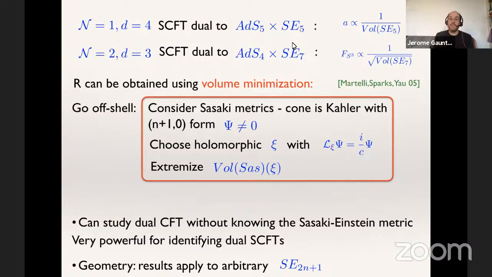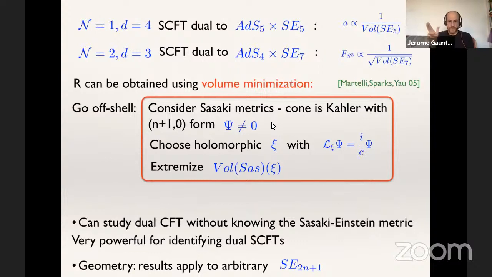Being Kähler, it still has an (n,0) form, psi. That means it's got n holomorphic legs, dz1 wedge dz2 wedge dz3, and so on. And that holomorphic form is non-vanishing everywhere.